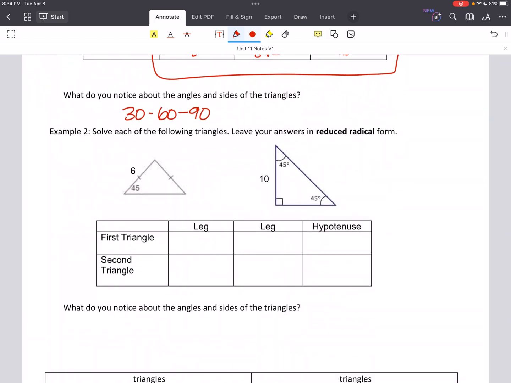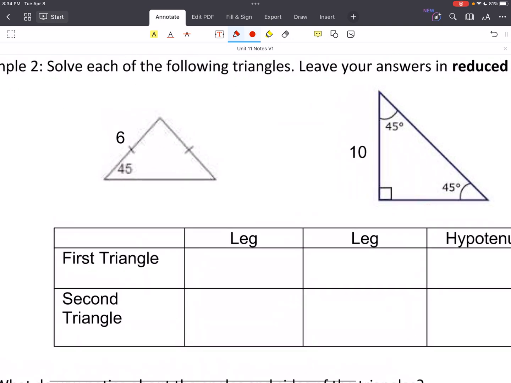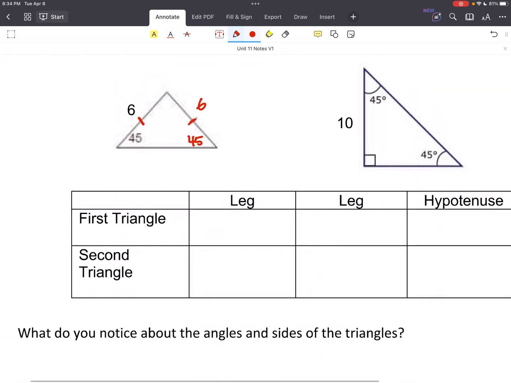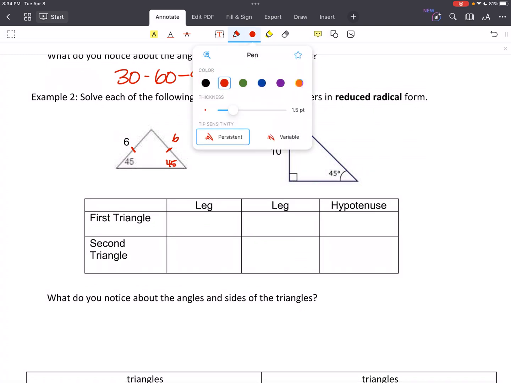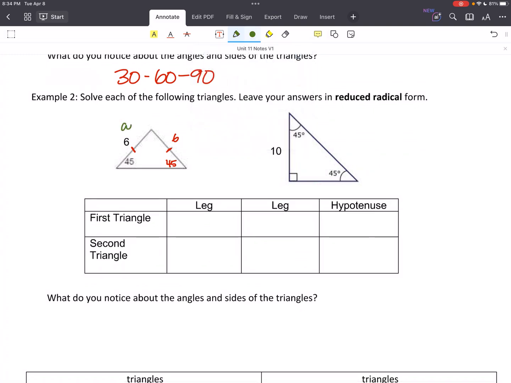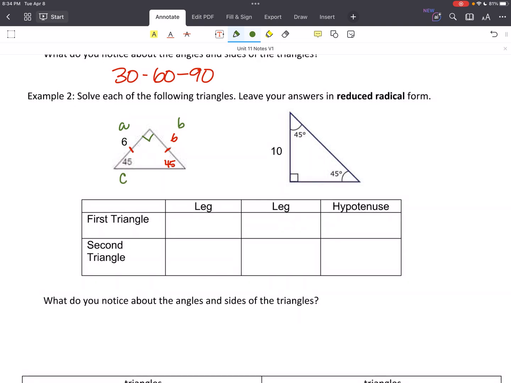We have our second type of triangle. We have 45 here, which means that this one is 45. Remember, these marks mean that both of these are equal. Okay, so we're going to do the Pythagorean theorem on this. This is my A, and this is my B. This is my C, because this would have to be our 90 degree. So 6 squared plus 6 squared is equal to x squared.